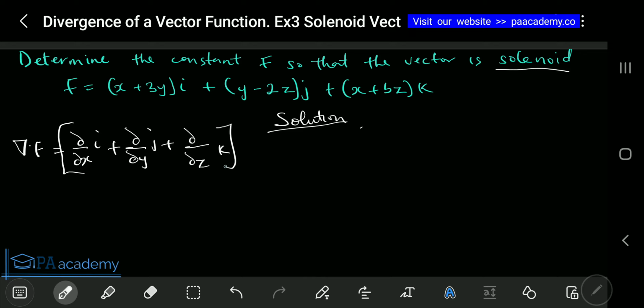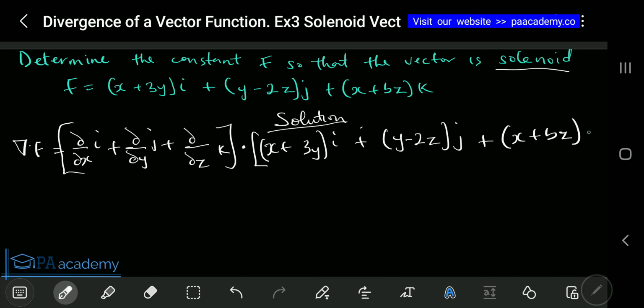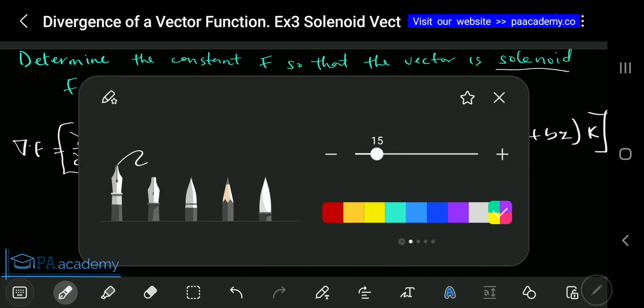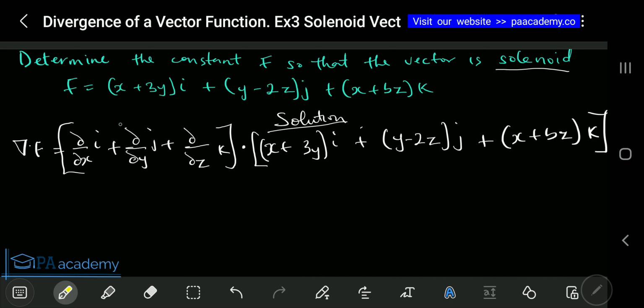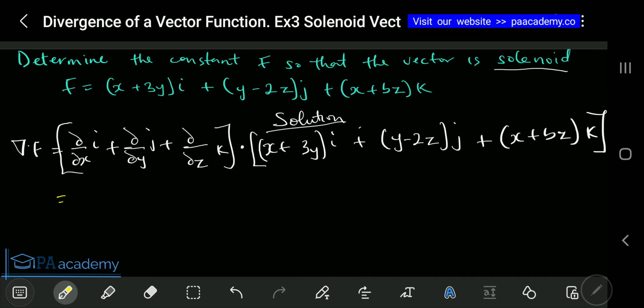All of this in brackets, with the dot product of the function F itself, which is (x + 3y)i + (y - 2z)j + (x + bz)k. Are we good? So now we can go ahead and multiply. In a solenoid all of this will actually equal 0, but let's still leave that step till the next two steps.